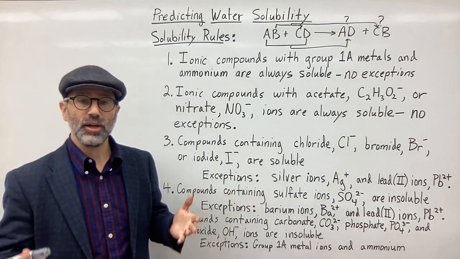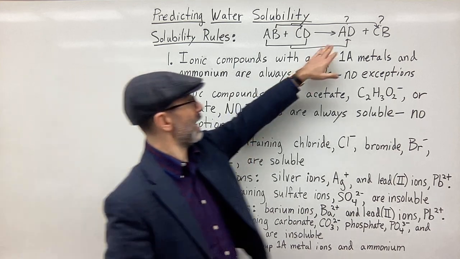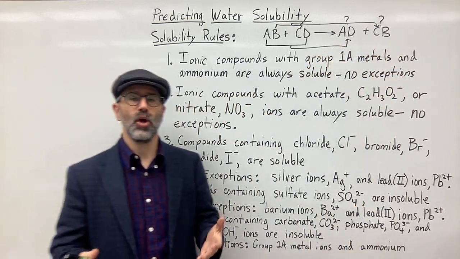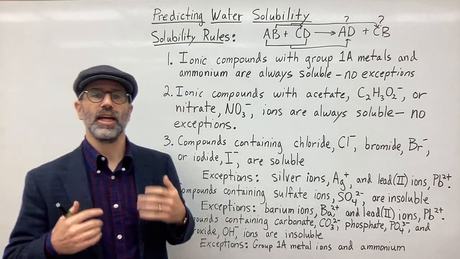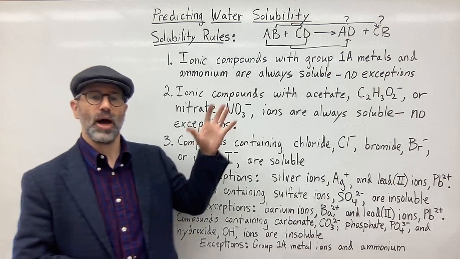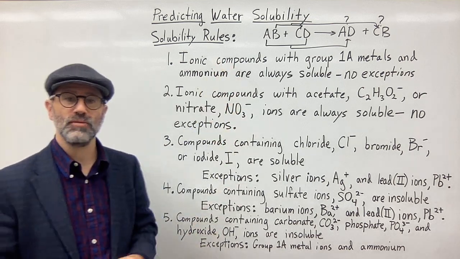So how do you decide whether AD or CB are insoluble in water? Well, the only way you could do that is by looking at your solubility rules or some sort of solubility chart. I have here some solubility rules to follow.